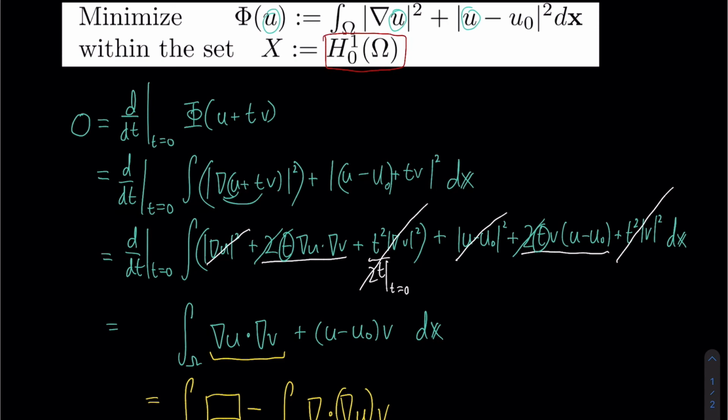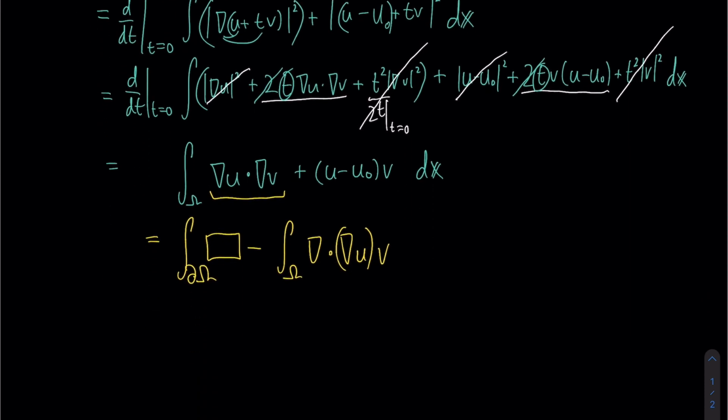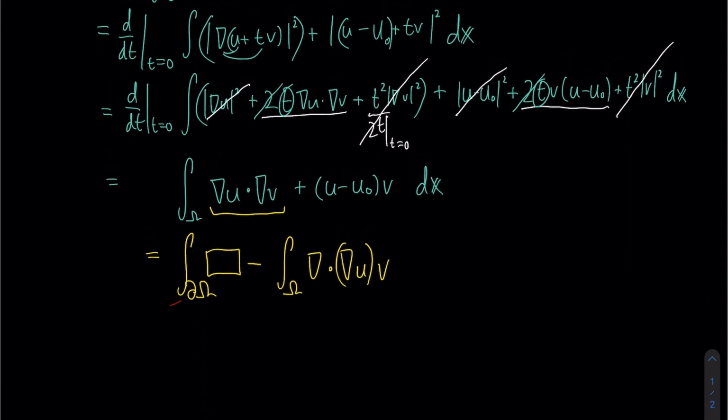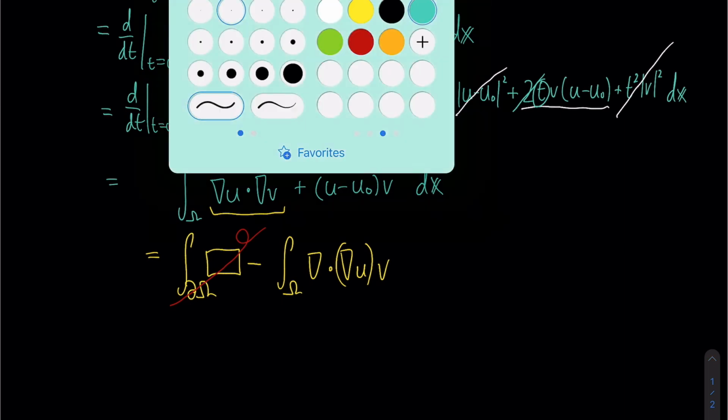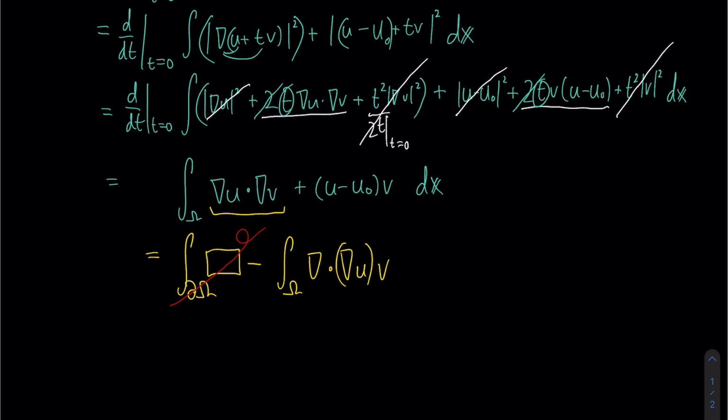It means that whenever we evaluate on the boundary, we end up with 0. So whatever I write here is just going to be 0, right? So what I wrote in yellow is going to be the second part of the integration by parts, which I shared in another video.